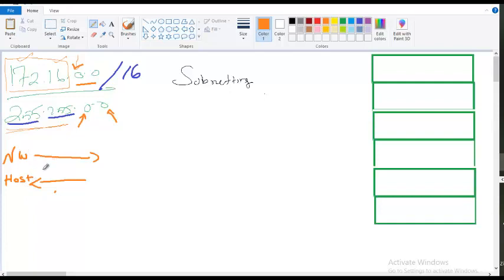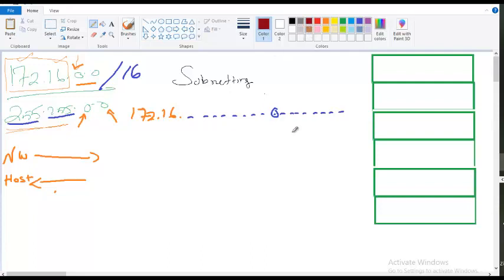Now, as we know, this 172.16 is already reserved, masked. You got another 16 bits for you to use as per your will. You got 16 bits, 8 plus 8.